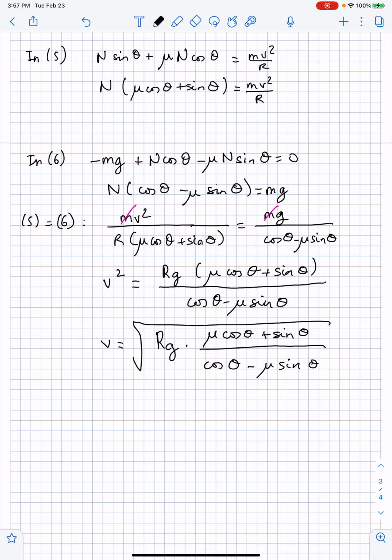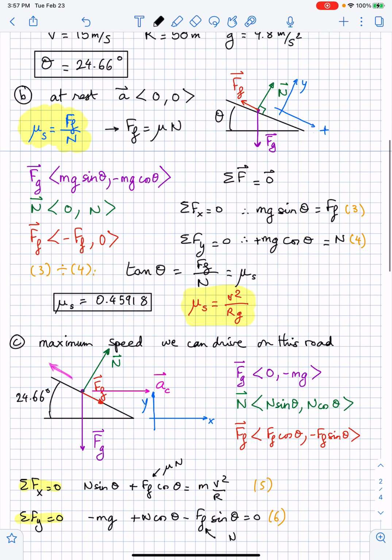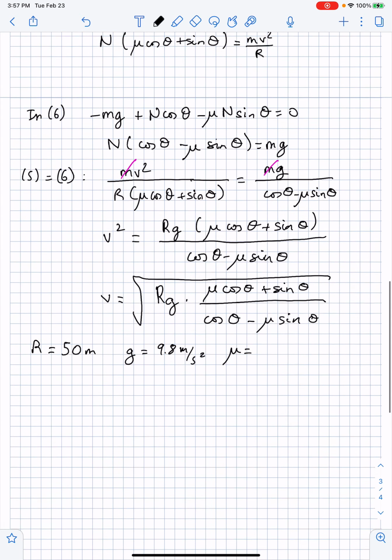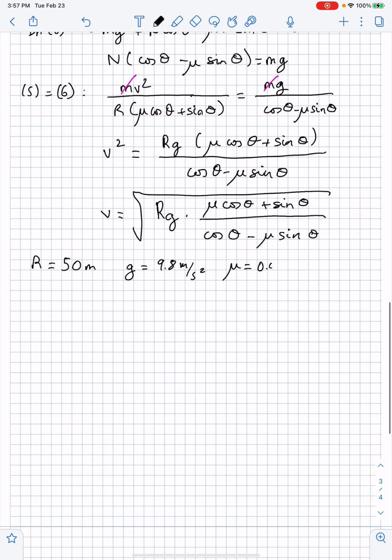Now we're going to replace the variables by their value. So the radius of the turn is 50 meters. G is 9.8 meters per second squared. Mu, the coefficient of friction, we got it in B, it's 0.45918.